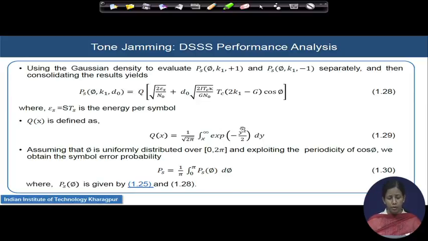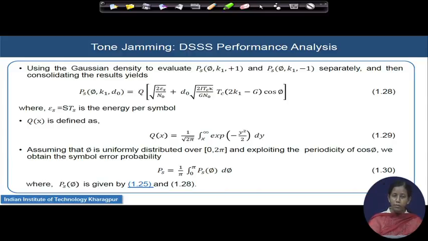Once we reach here, we will know the typical value of Ps, conditioned on phi, conditioned on Q1, and conditioned on the transmitted value D0, that is +1 and -1.